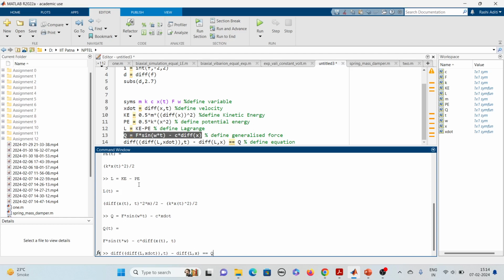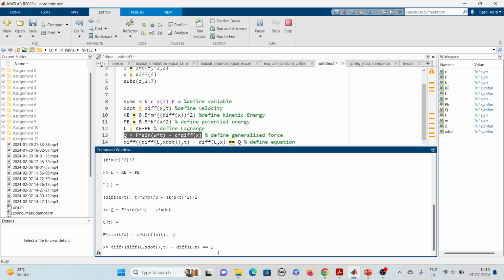So is equal to was actually giving a variable a particular value. But in this case, I'm actually equating. I'm saying that whatever is present on the LHS is equal to the RHS. I'm not replacing the LHS by the variable or function on the RHS. I'm saying that the LHS is equal to RHS so that I can get the equation of motion, and that is the reason I'm using 2 is equals to. Enter.